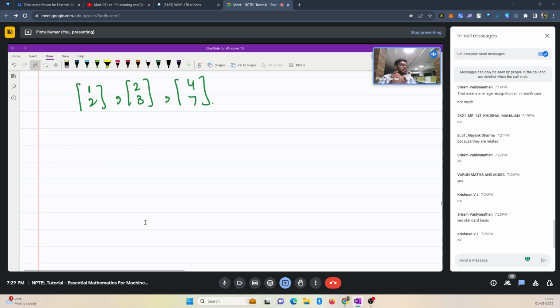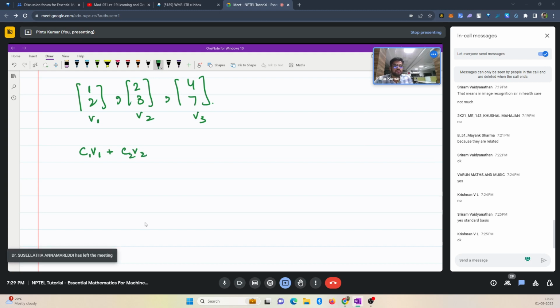How do we generally check? What is the basic rule? Let's call these V1, V2, V3. We write C1 V1 plus C2 V2 plus C3 V3 equal to 0, and try to solve for C1, C2 and C3.